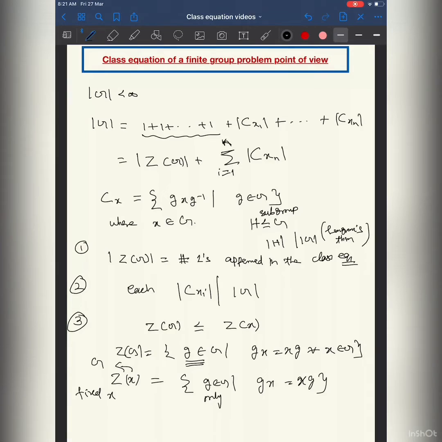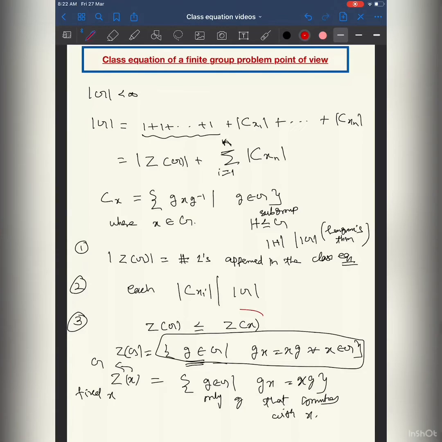Here I'm collecting only those g that commute with x, whereas for the center I'm taking only those g which commute with everything. So from that it's clear this is true.